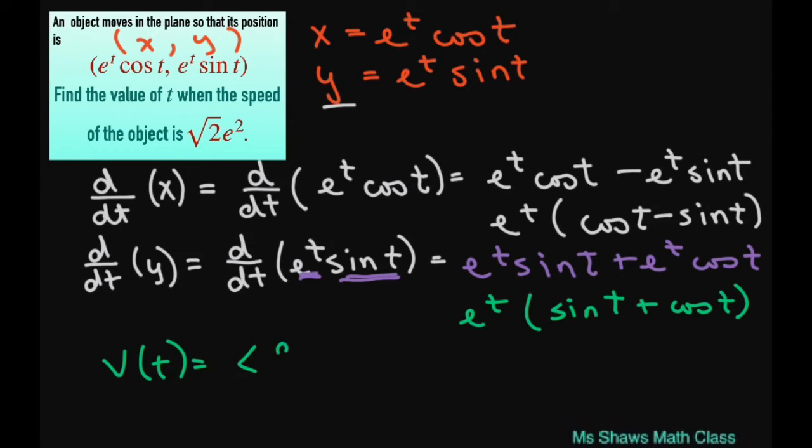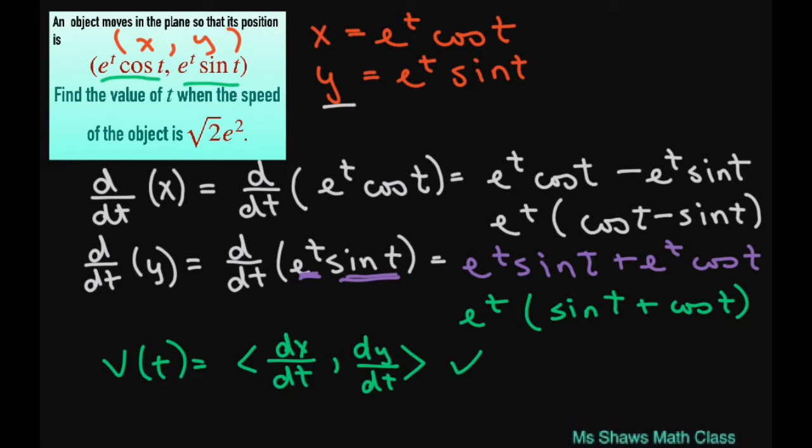And your velocity of t is going to equal your derivative of x with respect to t, comma, derivative of y with respect to t. I just took the derivatives of those, and now I'm writing it. That is your velocity of t.